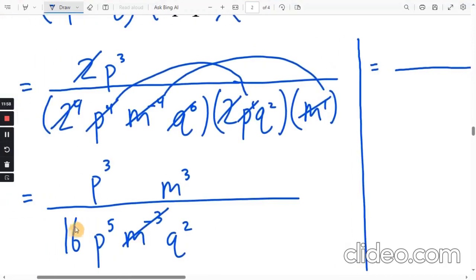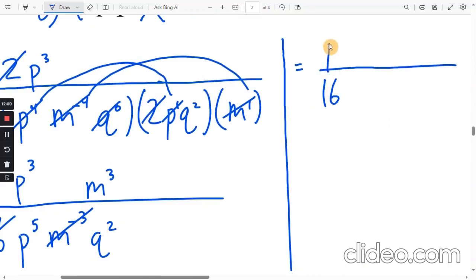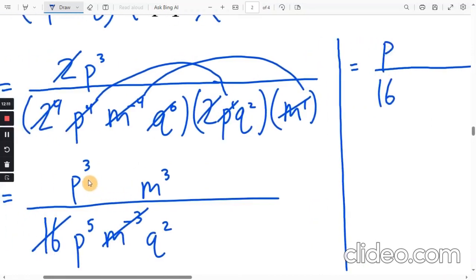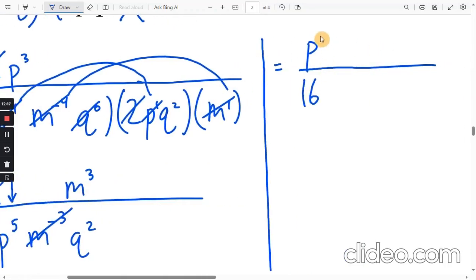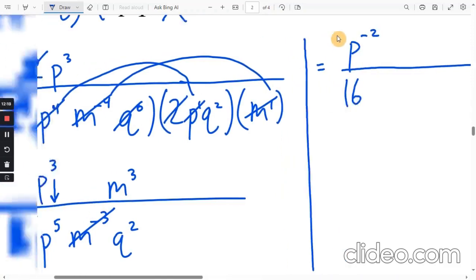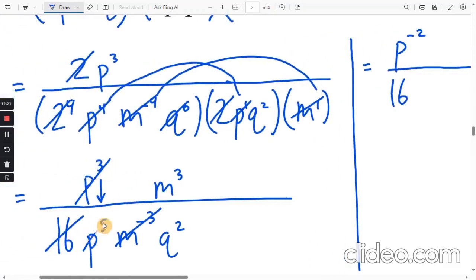The only number or constant is 16. That's in the denominator, so I will write 16 in the denominator. We have the p's here, so I'll write the p. And then the exponent, since we're dividing, we subtract the exponents: 3 minus 5. That's going to be negative 2. So p to the negative 2, cross those off.